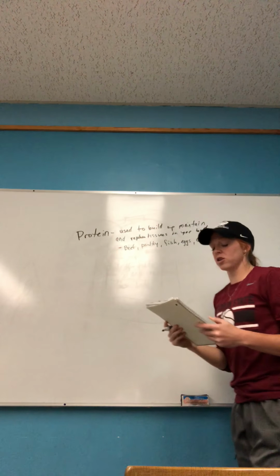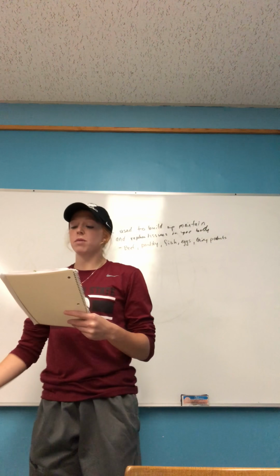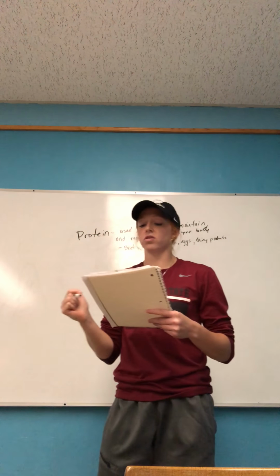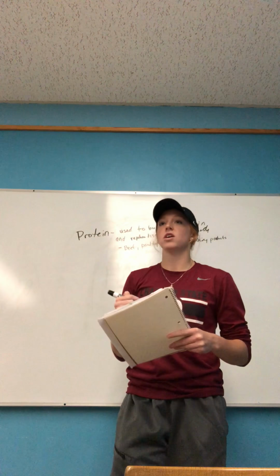The next definition is going to be carbohydrates. That is, foods that provide energy to the body, turns into glucose, which is sugar. So sugar produces glucose, which gives you energy.